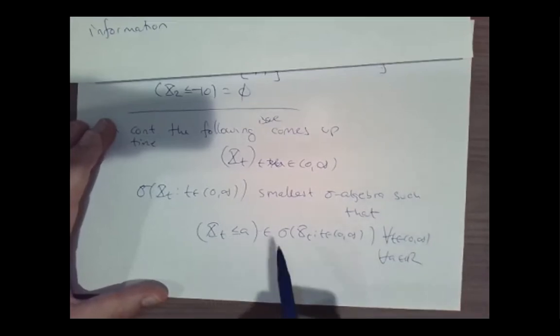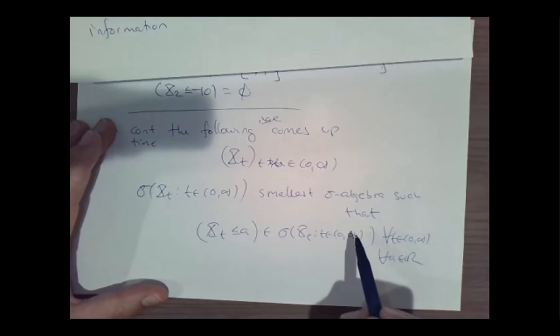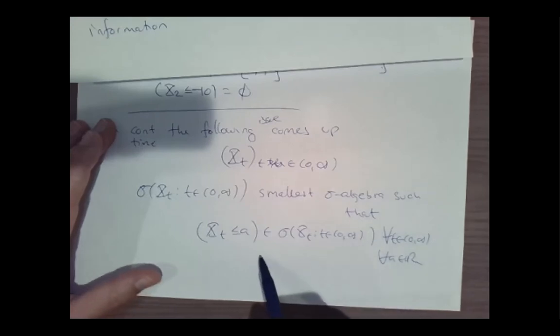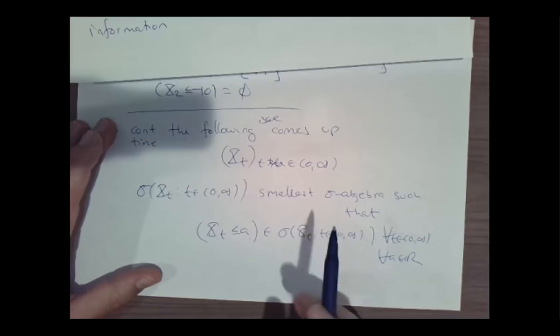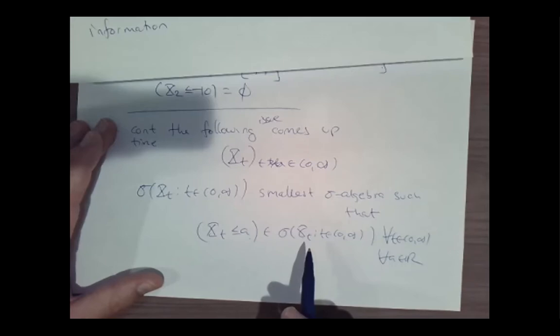We do one at a time. When xt less than a is an element of that sigma, that means it's measurable. Yes, that means it's been made measurable.